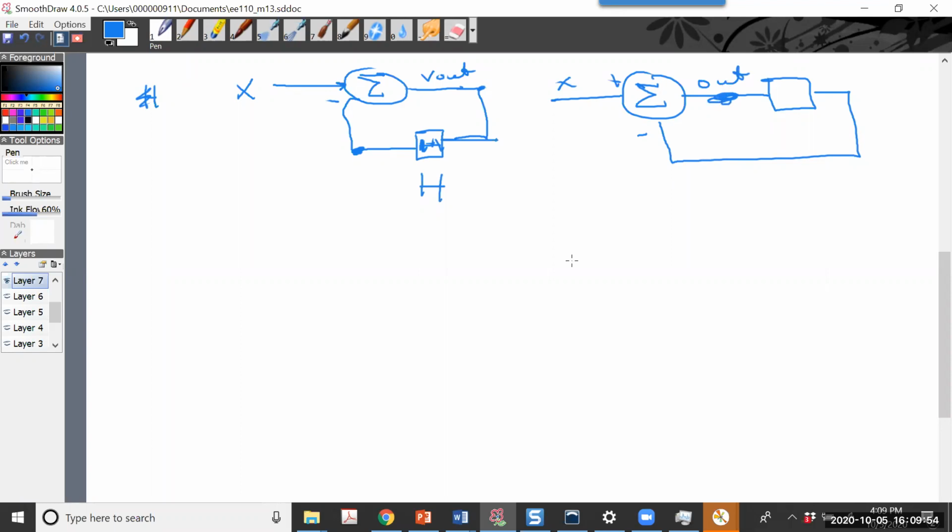So what does V out equal? Right, V out just equals X, right? But V out also equals V out times H. Oh, but it was minus. Okay. Collect the V outs. Find the transfer function.